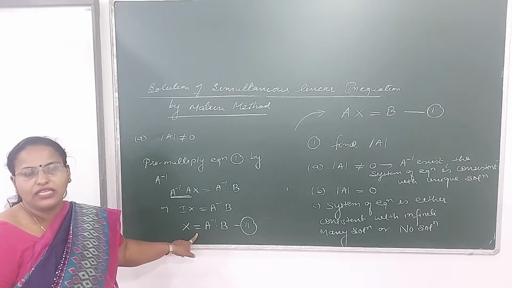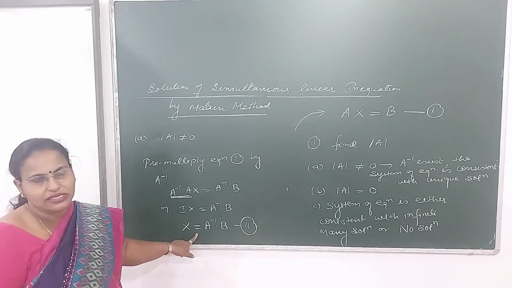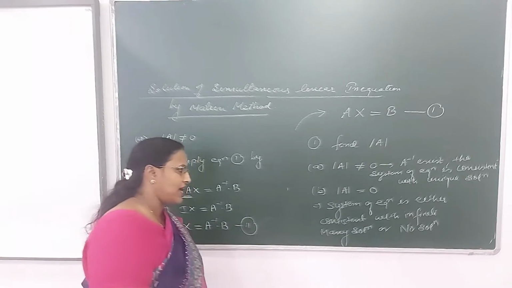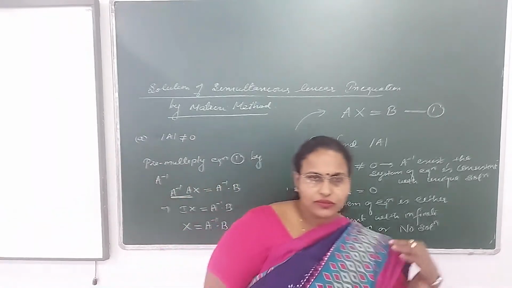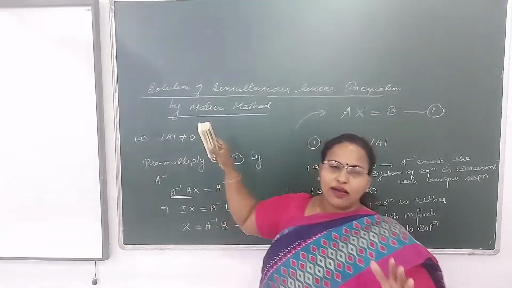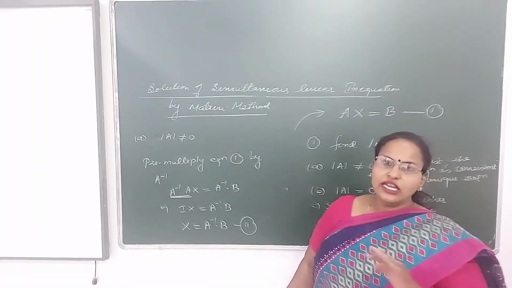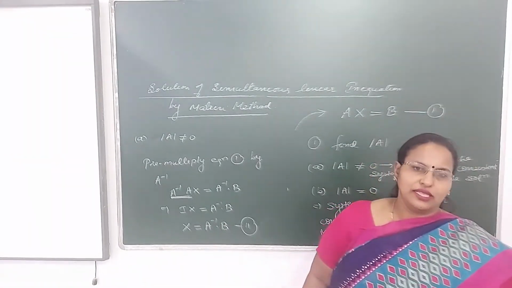So we'll be applying the concept of equal matrices, and that way the unknown values X, Y, Z you can evaluate. So this is the complete procedure of solving linear equations by matrix method.